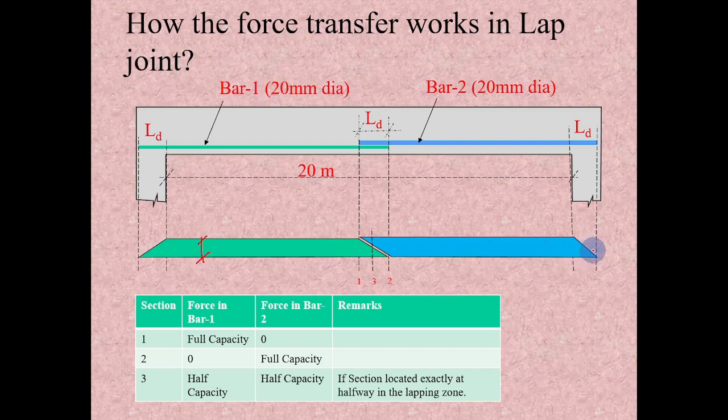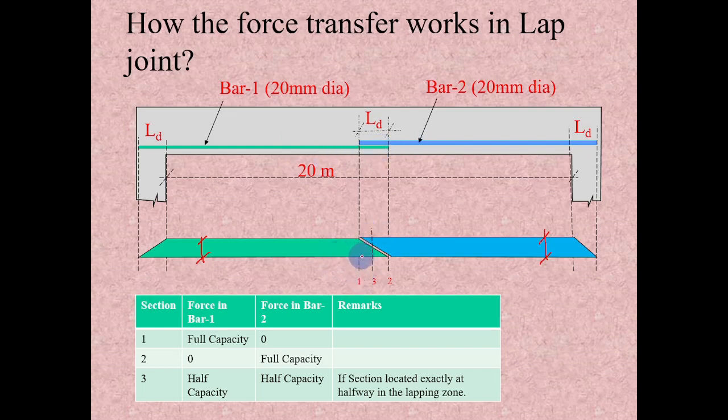The same at the other support: we should have sufficient length inside the support to develop the bond strength equal to the yield strength of that bar. In the lapping zone, we should lap the bars for sufficient length so that the bond strength created at the lap joint is equal to or greater than the yield strength of the connecting bar.